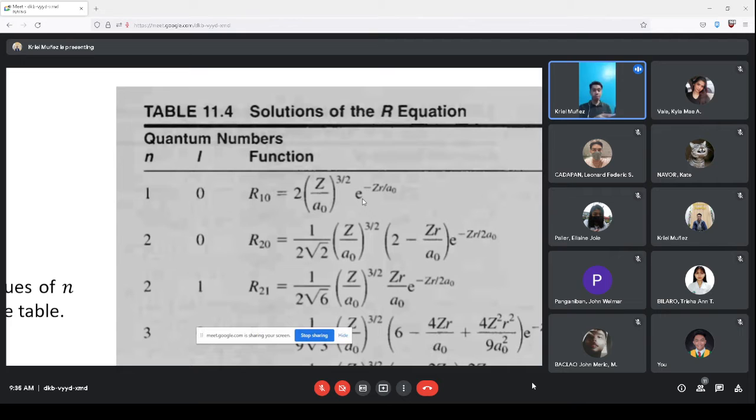Like for example, pwede naman yung itry lang siya sa calculus, just have to use arbitrary numbers. For example, we can use e raised to negative, let's say 100. So that would still give you a number, right? That would give you 3.72 times 10 to the negative 44.